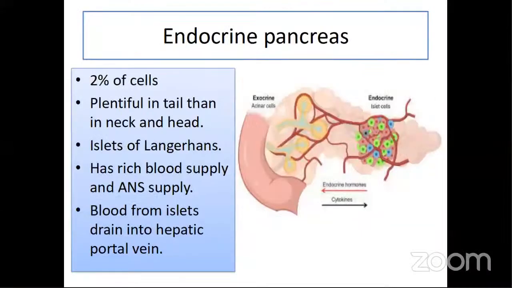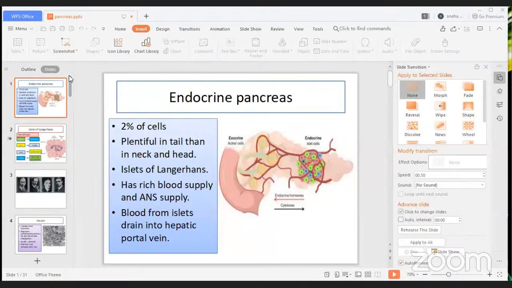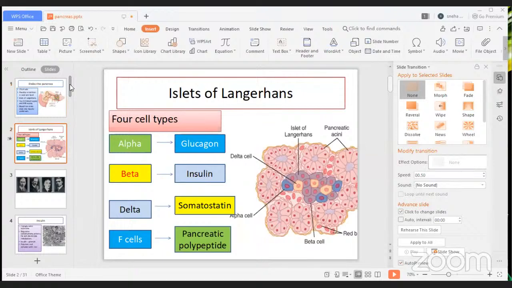So in the gastrointestinal system, you might have studied about the exocrine functions of the pancreas, no? And also you might have studied that it is a gland with both endocrine and exocrine function, right?